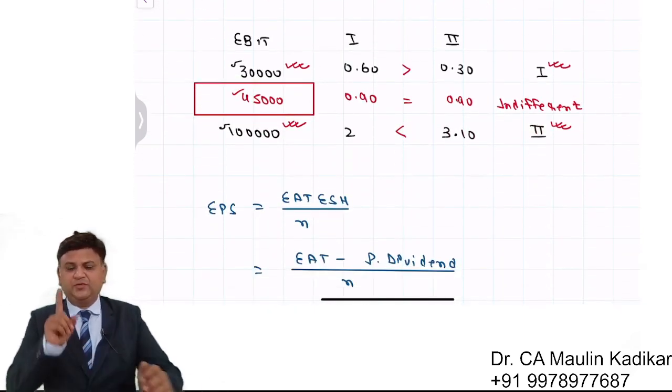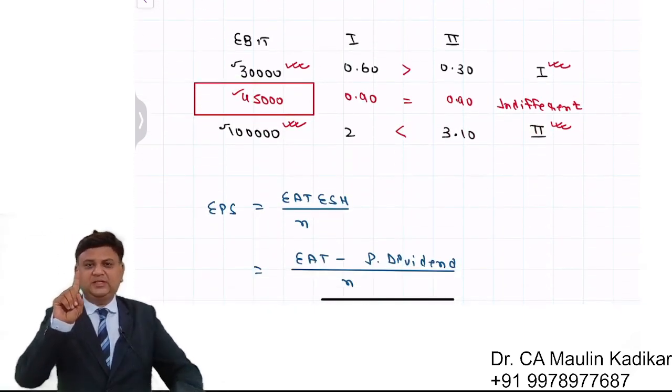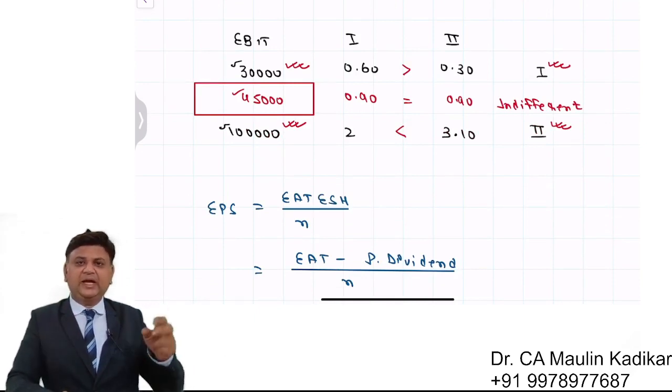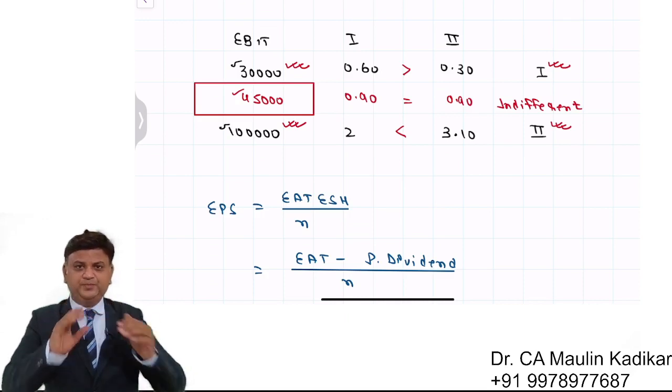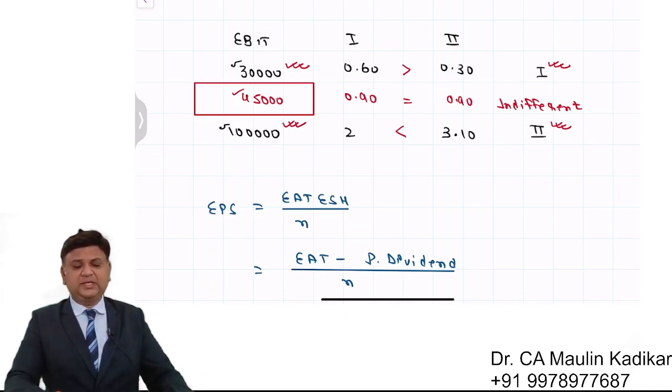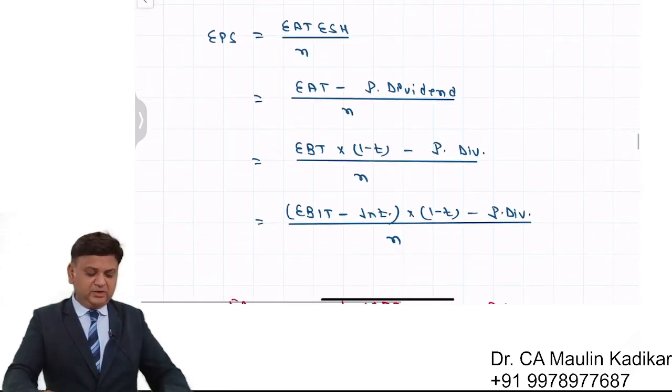At 30,000, the first financial plan has more EPS, and at 1 lakh, the second financial plan has more EPS. So between these two, there is a level of the EBIT at which both the financial plans will have same earning per share. That is what we are supposed to calculate.